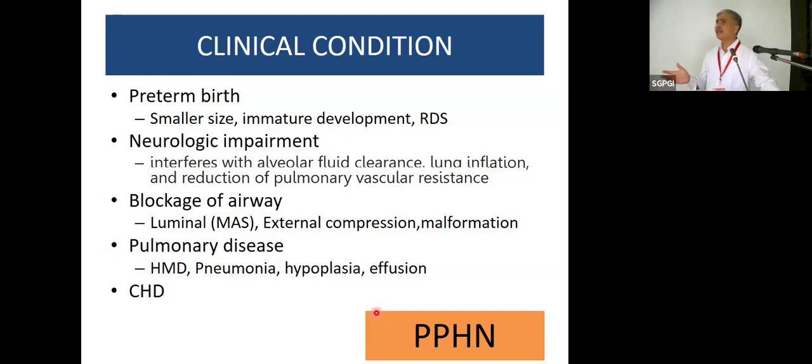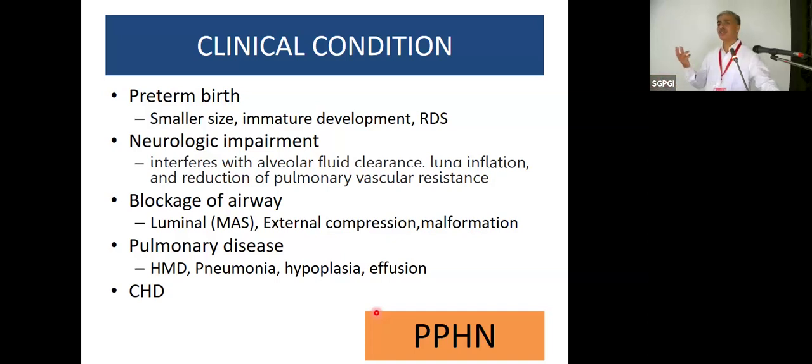The other clinical condition that we encounter commonly is meconium aspiration. It is primarily a mix of multiple things, hypoxia along with blockage, which means you have a ventilatory issue. Ventilation may be affected because of the luminal block by meconium causing obstruction, or because of other pulmonary malformation or any external compressive malformation.